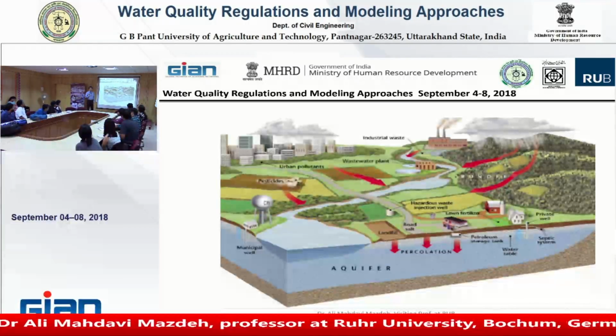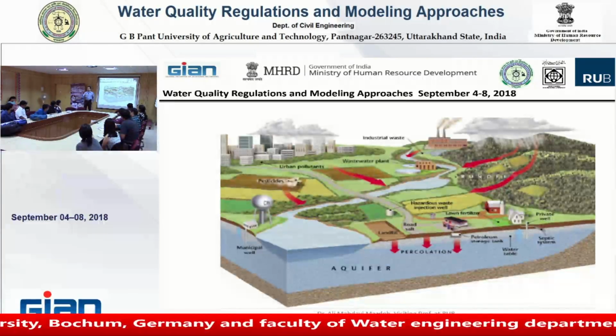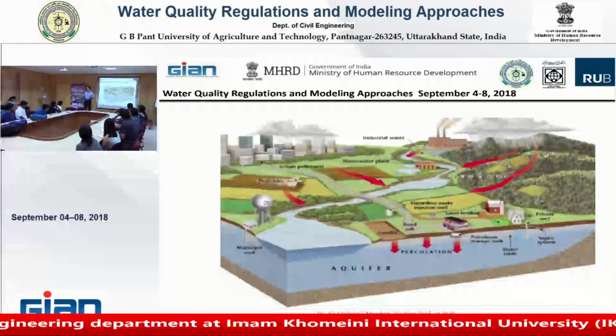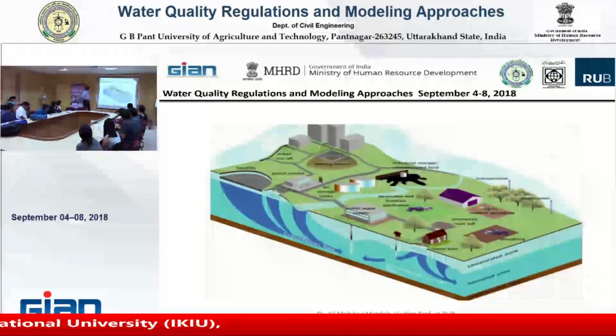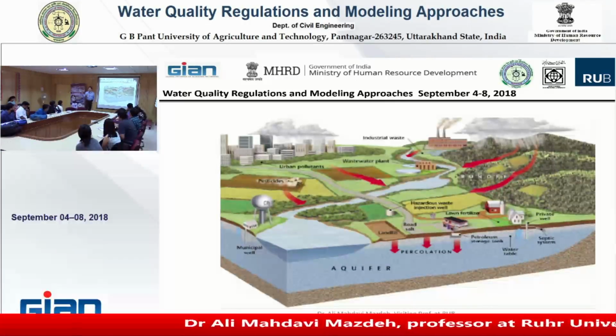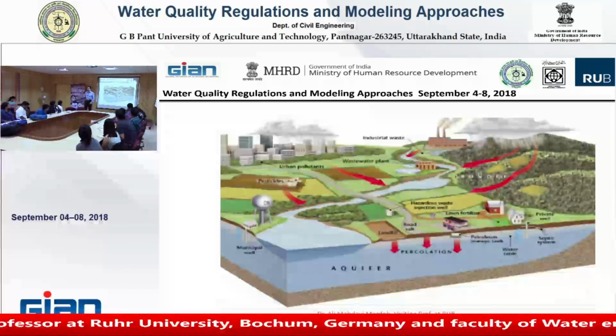For us, as engineers and people who want to do water modeling, what is our objective? What do we want to know? Again, this is another example, but I like this example more. What if you are a person working in a water authority? What is important for you?